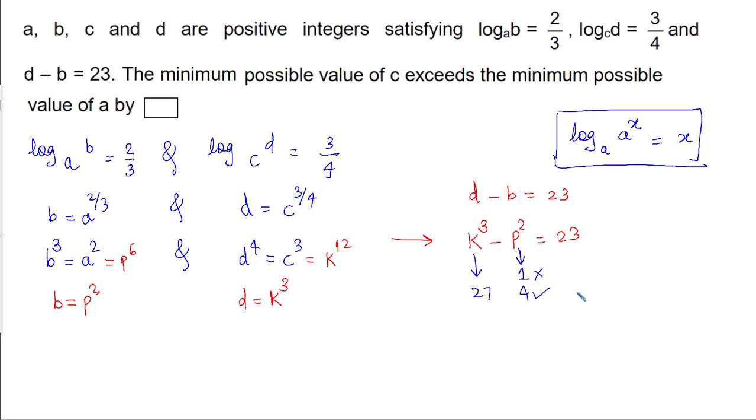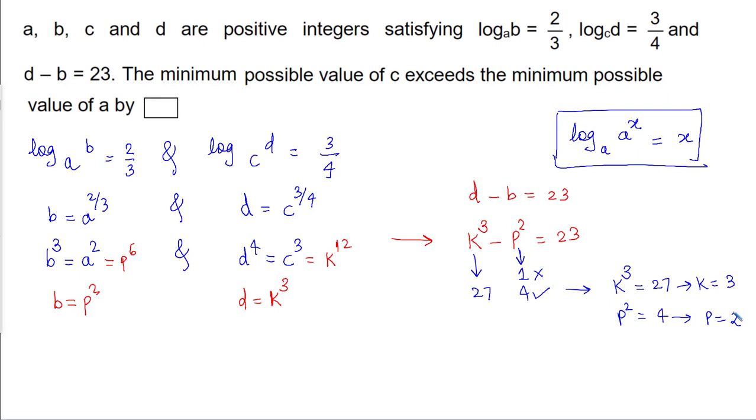So the minimum value k cube can take is 27, means the value of k has to be 3. This is the minimum possible value. After that, the minimum possible value that p square can take is 4, so the value of p is 2. Okay everyone, because a, b, c, d are positive integers, k and p are supposed to be positive only.